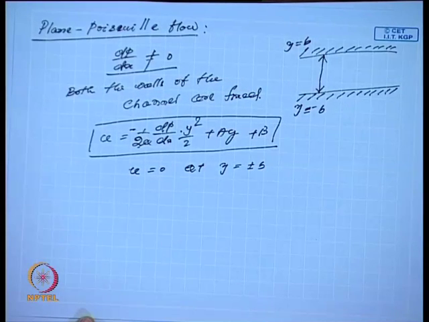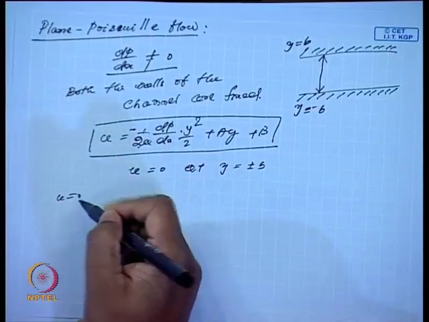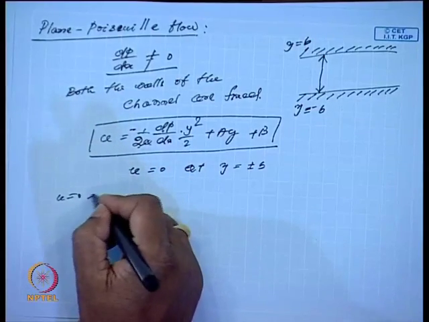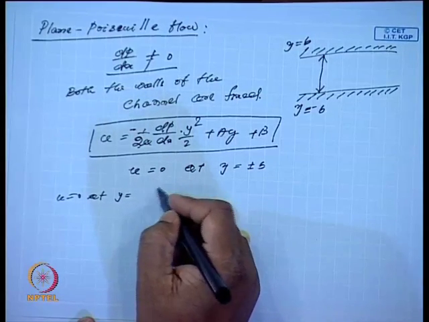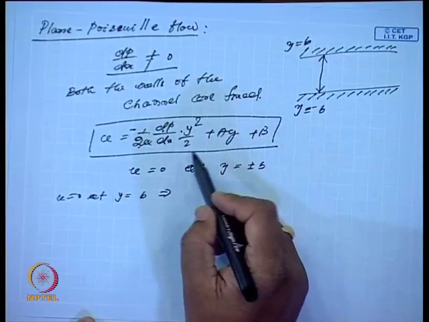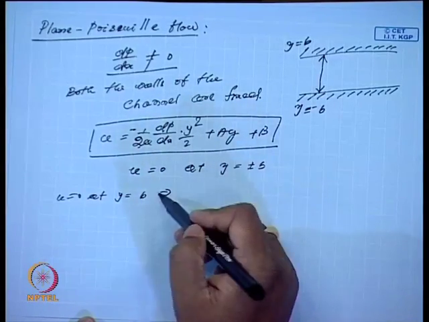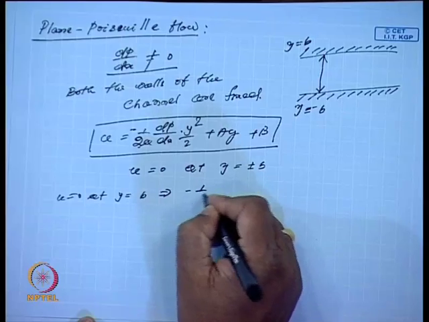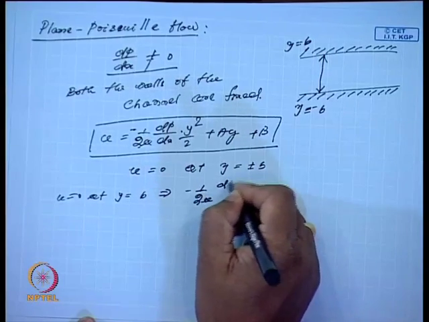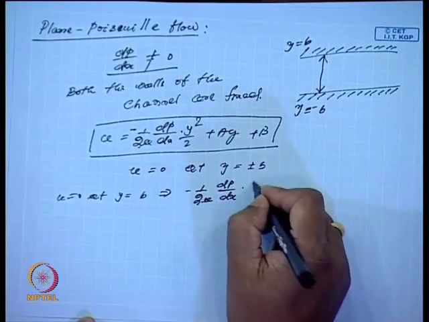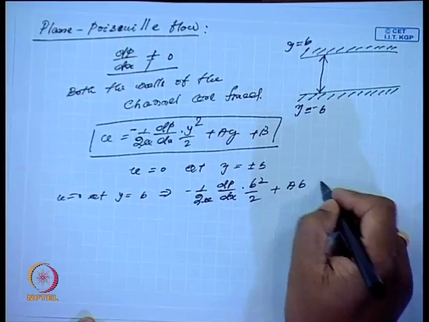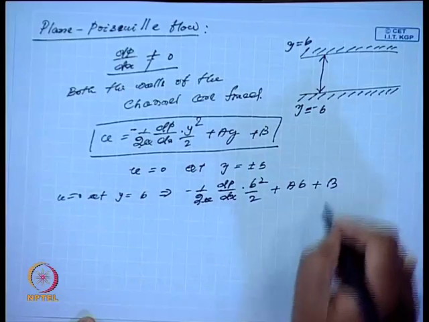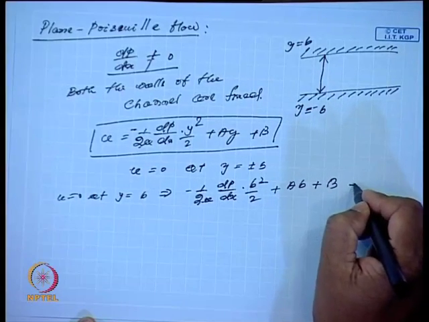If u is equal to 0 at y equal to plus minus b, suppose I say u is equal to 0 at y equal to b, that gives minus 1 by 2 mu dp by dx into b square by 2 plus a b plus b equal to 0.